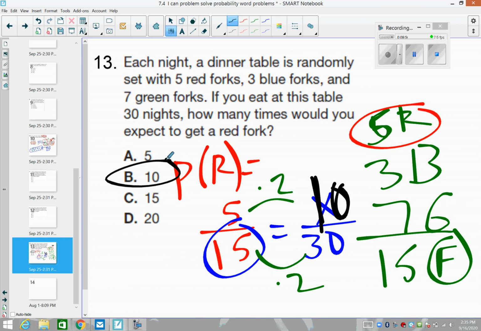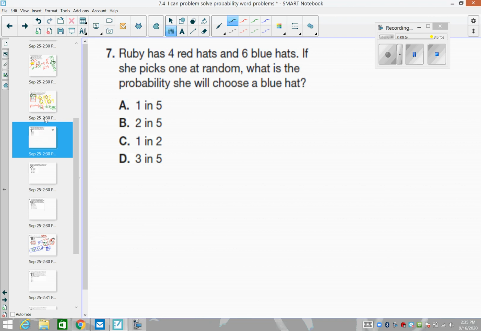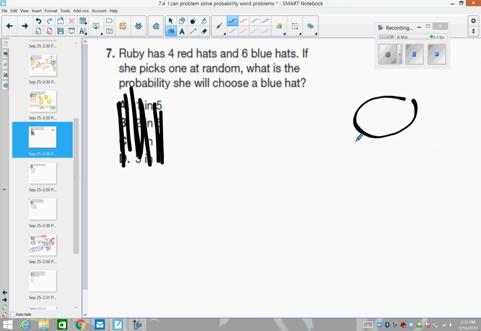And the last problem is going to be an independent, dependent question. We're going to use this question, but we're going to just change it a little bit. So Ruby has 4 red hats and 6 blue hats.